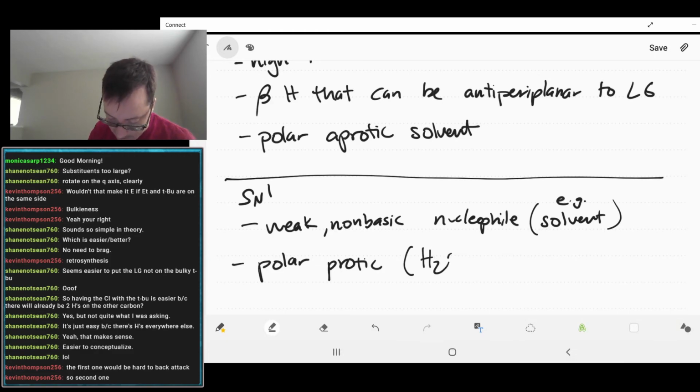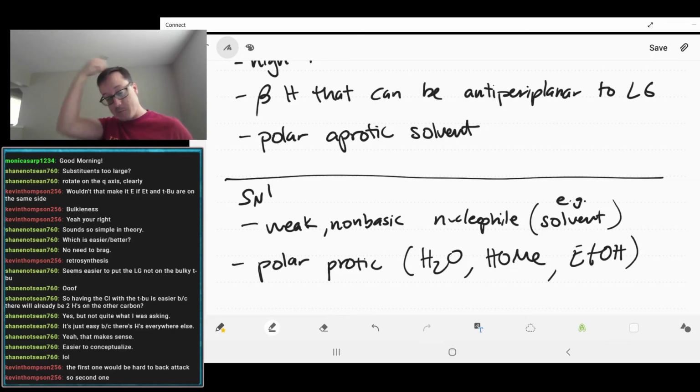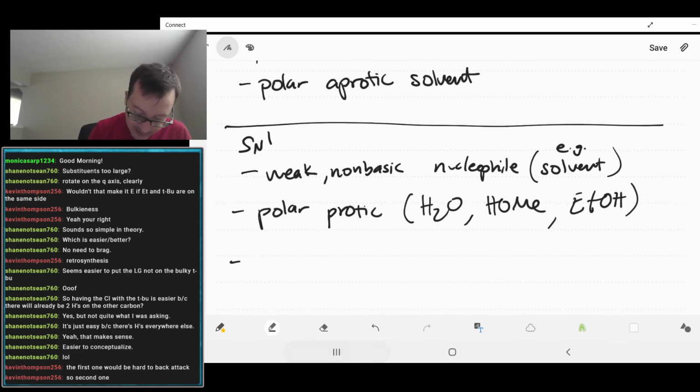So if you want to put an alcohol, or a methoxy group, all these sorts of polar protic things typically are what you're substituting on. Your ideal substrate should be tertiary.